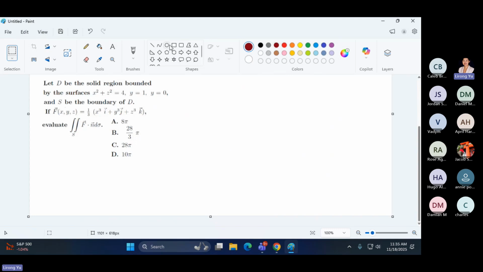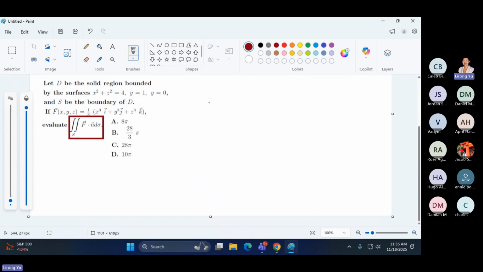Now, what we need to calculate according to the divergence theorem is equal to a triple integral of the divergence of F dV.